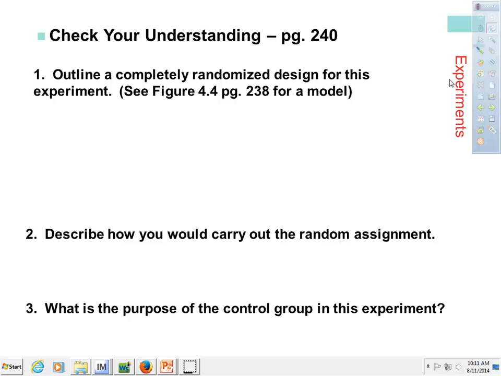Go ahead and read through that, talking about music students and evaluating their performance. Again, there's a footnote alert here. There's a footnote involved, which means that this actually did take place. So go ahead, stop the video, and try these questions and see what you come up with, and I'll show you what I came up with.